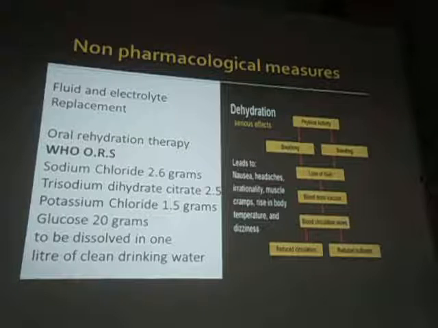So is it given as a whole, 1 liter, suddenly? How should we give this ORS? It is given in small sips. Okay, 1 spoon, 2 spoon, 3 spoon like that. It is not to be taken all together, and if it is taken together, we have adverse effects. What adverse effects can be there?